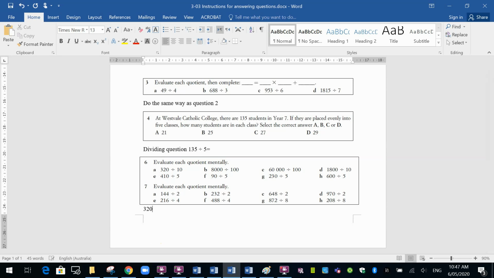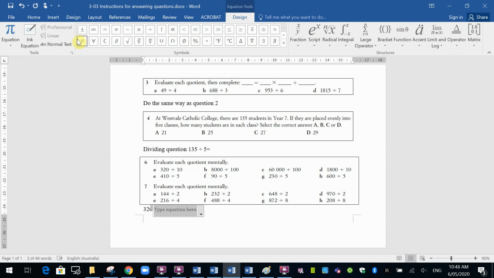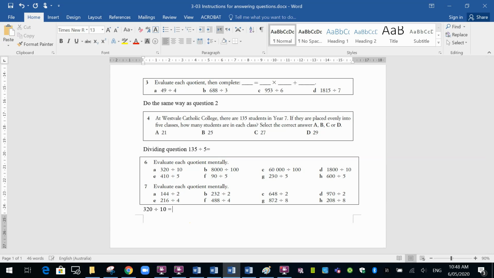320 divided by 10. What's happened to the 320?